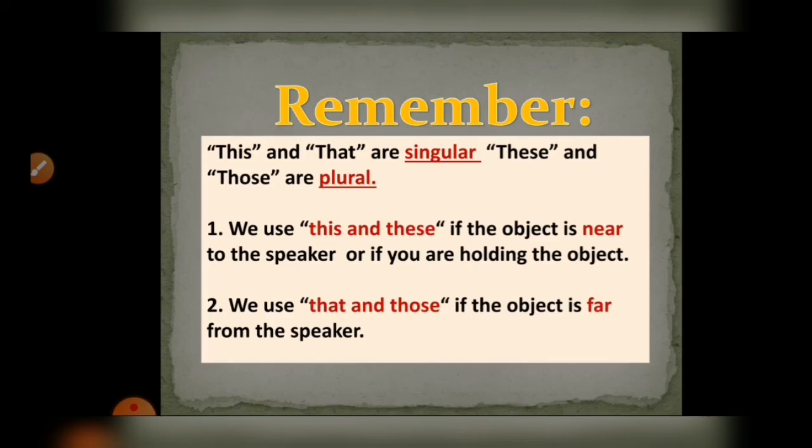But if I have like 5 pencils on my table and I am standing near the blackboard, I will say those. Those are my pencils. I use those because it's plural. And then I use are because are is also used for plural.